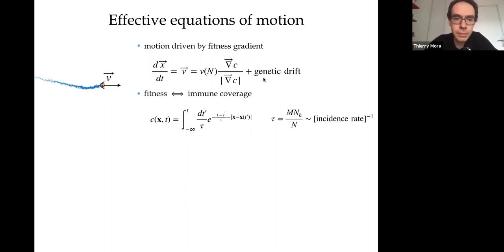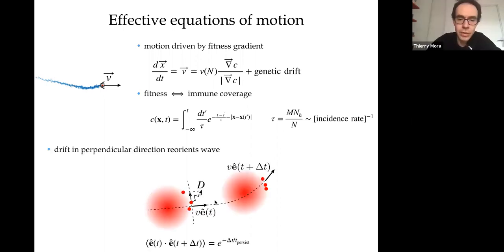And genetic drift would slightly deviate this straight motion, in the following way. If the wave is moving forward, the nose tip strain is diffusing a little bit, and this will slightly deviate the motion. Effectively, the direction of the wave will undergo some angular diffusion, and we can define a persistence time that defines how long it takes for the wave to change direction significantly.